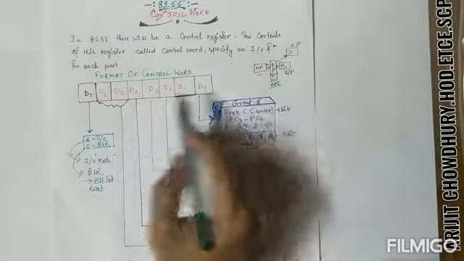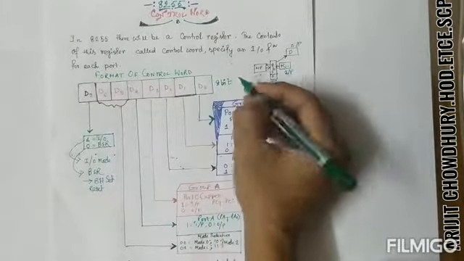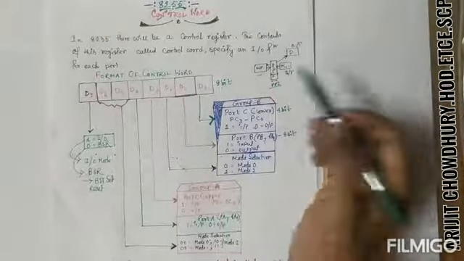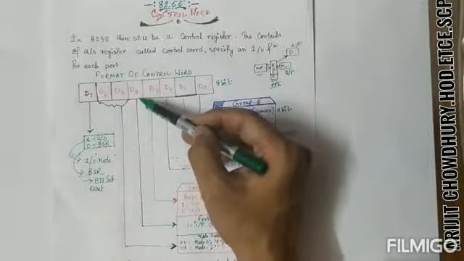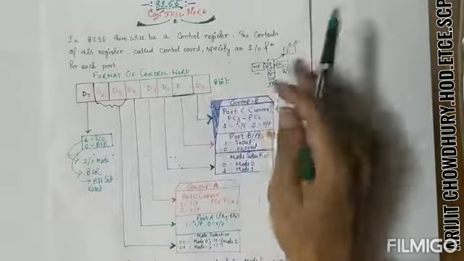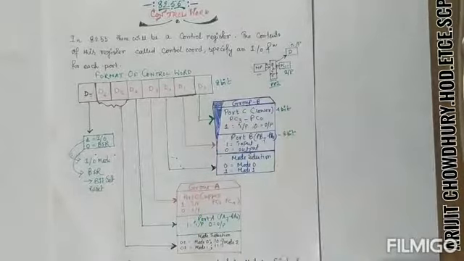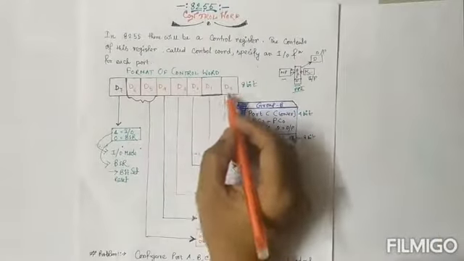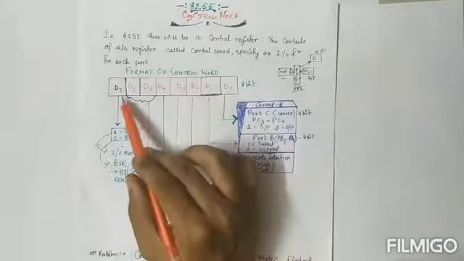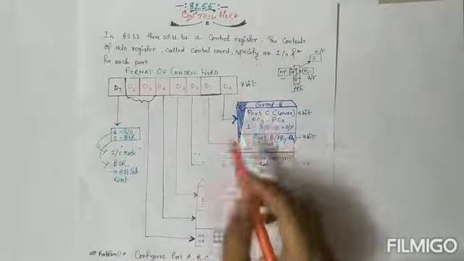D0 to D7 is an 8-bit register, and the bits may be 0 or 1.